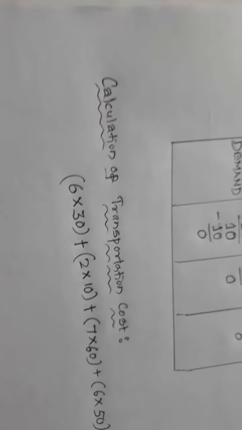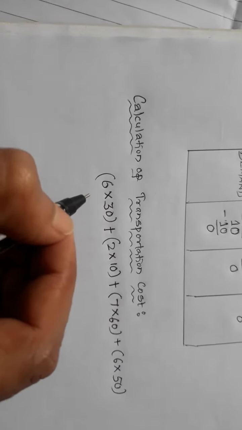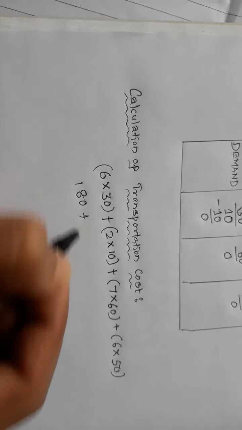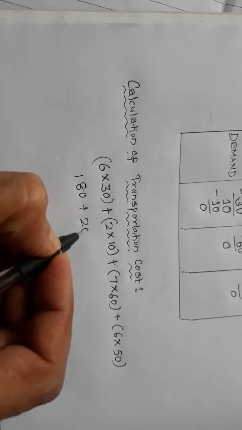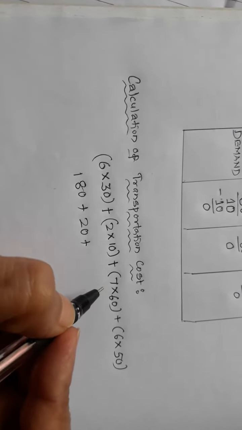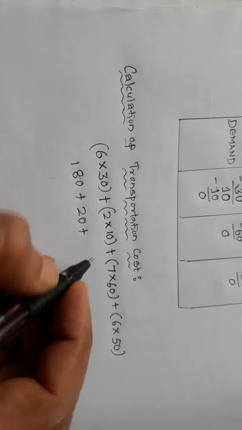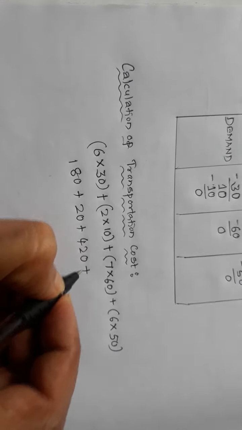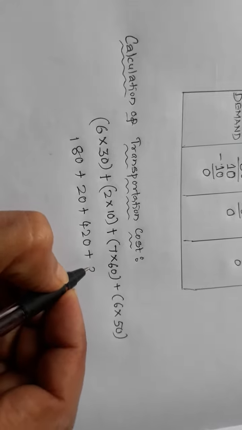Come to the calculation part. 6 into 30 is 180, plus 2 into 10 is 20, plus 7 into 60 is 420, plus 6 into 50 is 300.